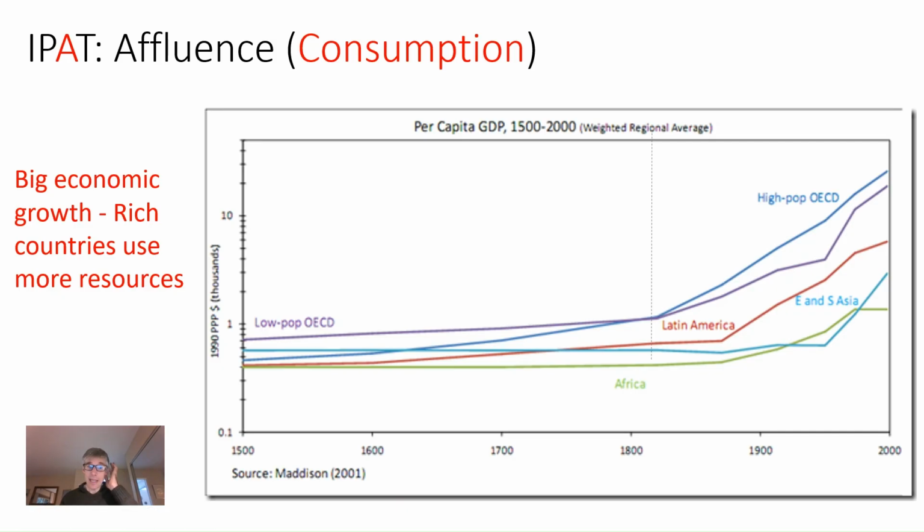Okay, so why did that happen anyway? Well, next, A is going to be consumption. Huge economic growth, and that's been led by rich countries using more resources. If you look at this little graph here, it's the amount of income, and you can see that incomes in Africa have been growing, particularly recently, although they've stagnated. Income in East and South Asia have massively increased, and if you followed this for another 20 years, I should get a new graph here, it's going to be a rapid growth.